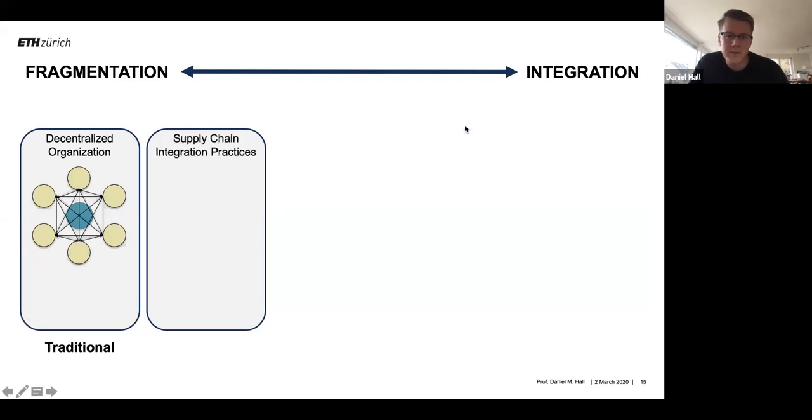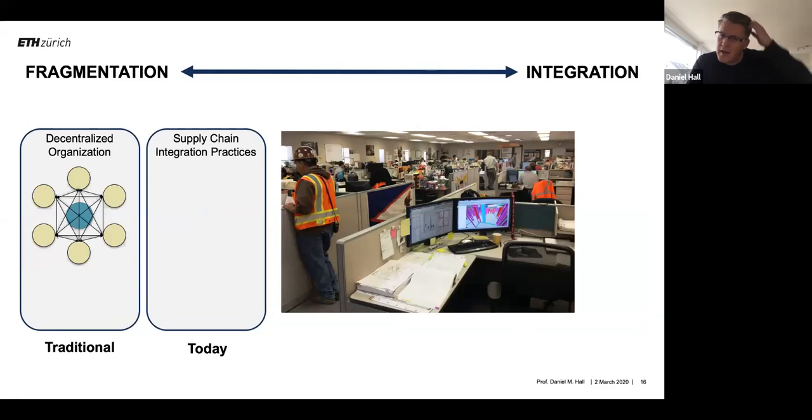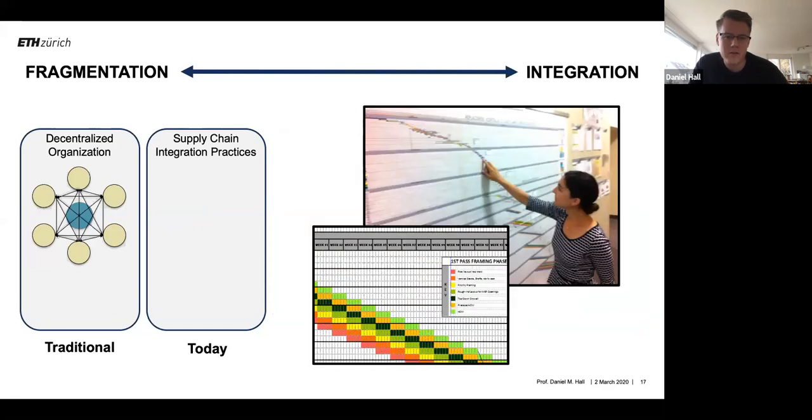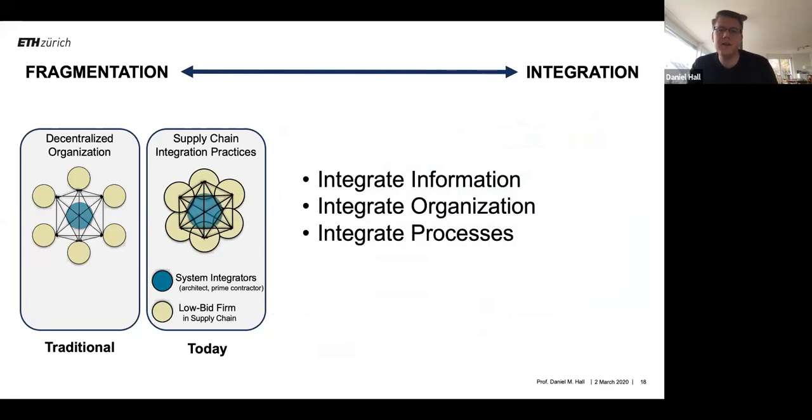So the first one is supply chain integration practices. And I think this is a lot of what's happening today. For those of you that took my Lean Integrated Digital Project Delivery class, this is really what's occurring today through tools like BIM and Lean, where people are coming together, using new forms of planning and new forms of collaboration. In the end, this allows you to integrate information, organization, and processes.